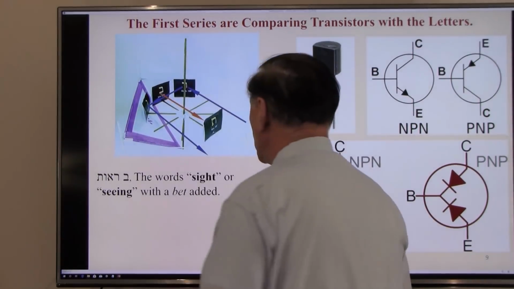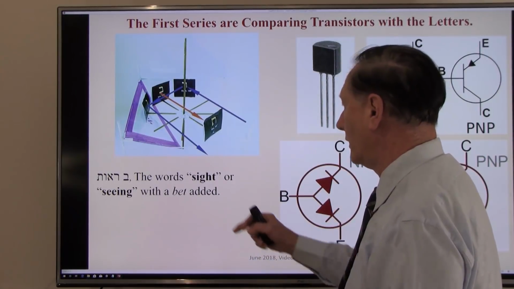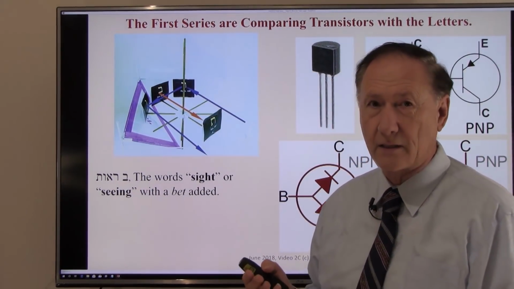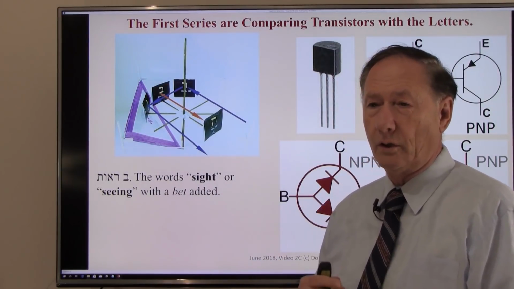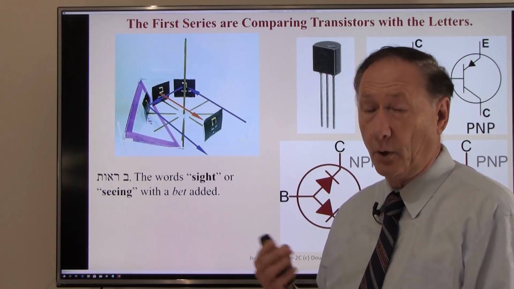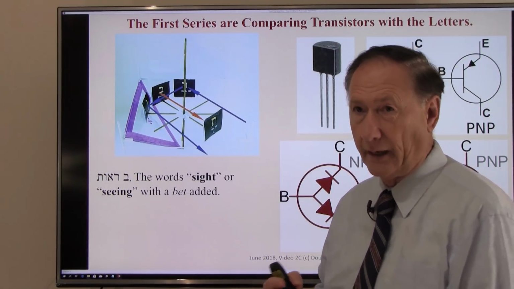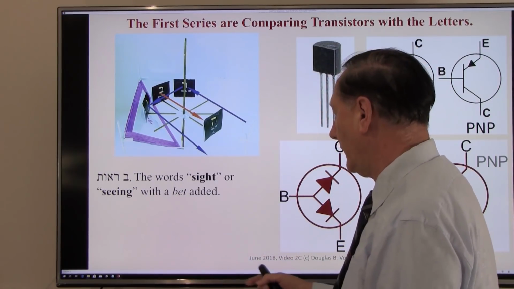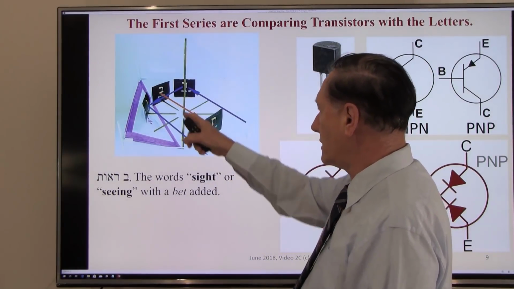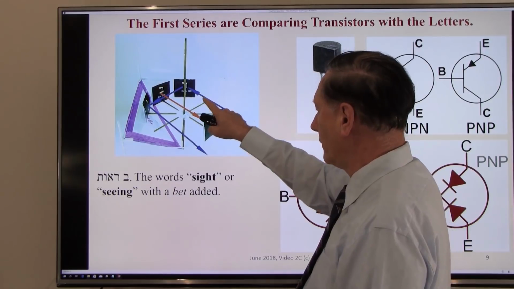So, we'll start in. Now, I had to make a physical model to do this. Those of you who are computer scientists and physicists, please do an electronic model. Take the symbols from the Torah, put them in and see what the shapes look like as you play it out. Anyway, this is the word for sight or seeing. And you can see this pattern repeatedly. I put the arrows in here for a reason.